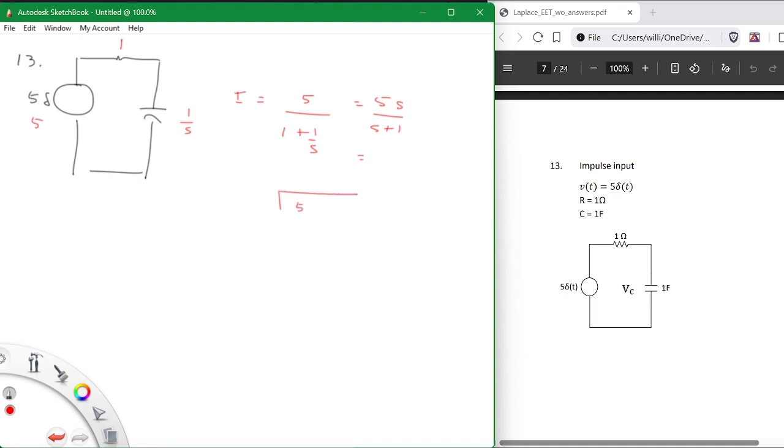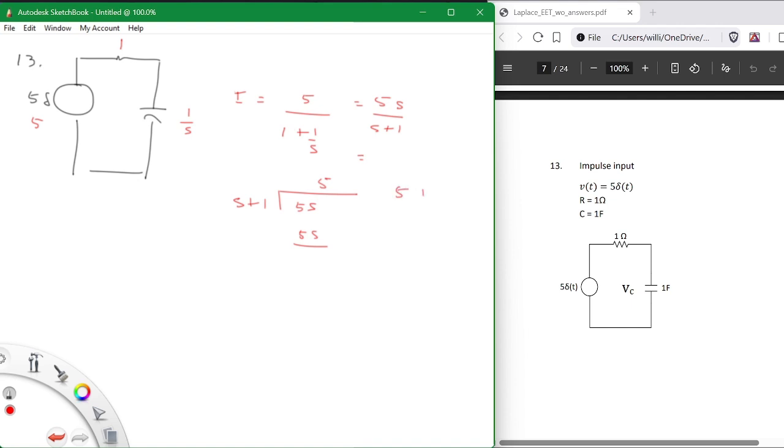So it's 5s divided by s plus 1. S into 5s gives me what? 5. 5s is equal, okay, and then what do you have, 0 plus 1. So it's equal to 5.